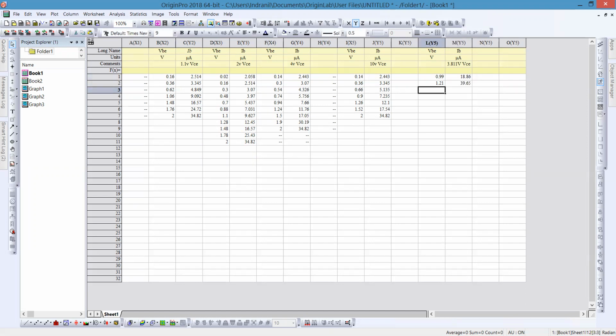Next, 1.89 and 104.95. Next, 2.86 and 1.131 milliamperes, that is 1131 microamps.